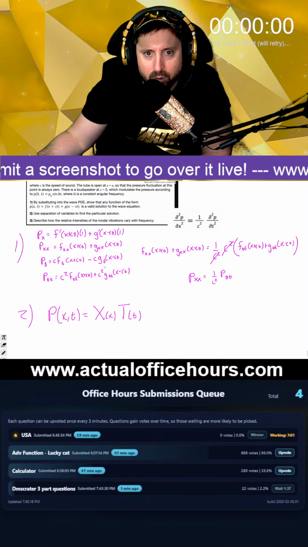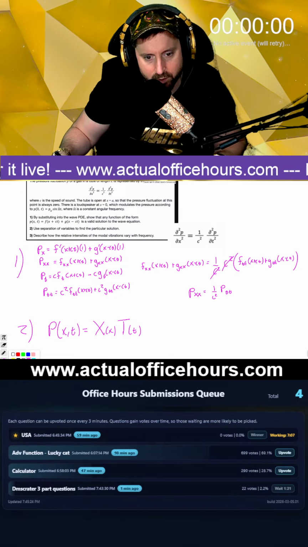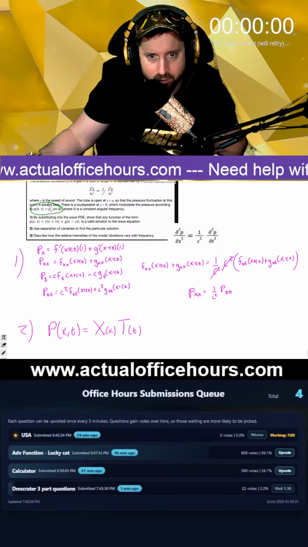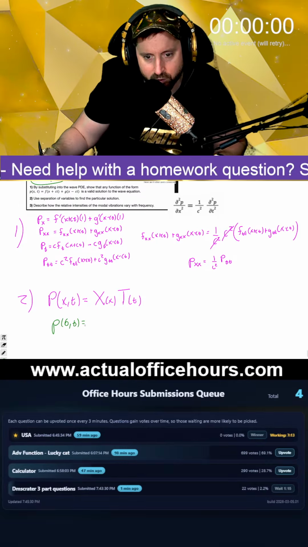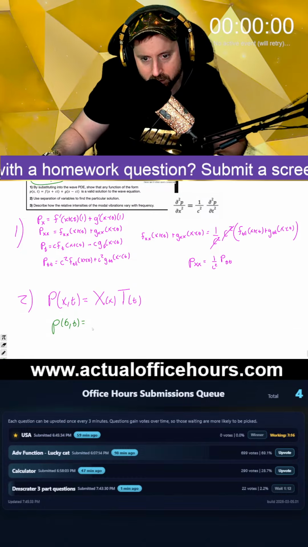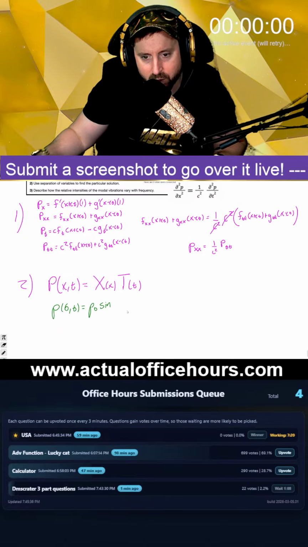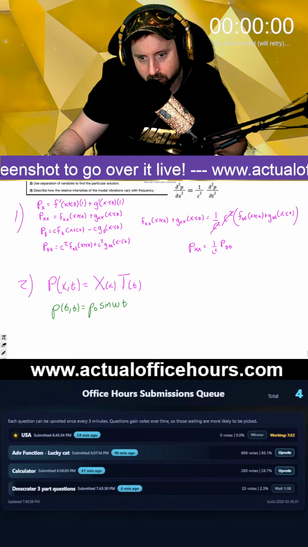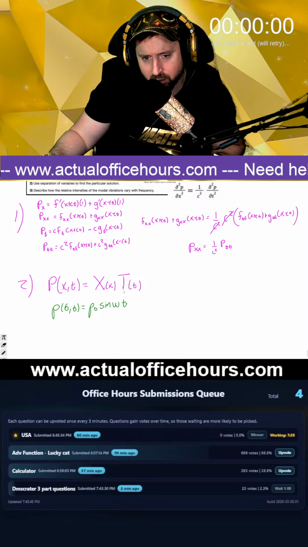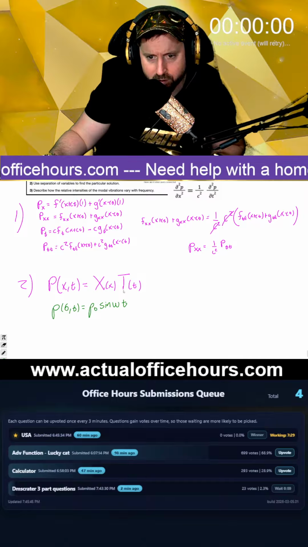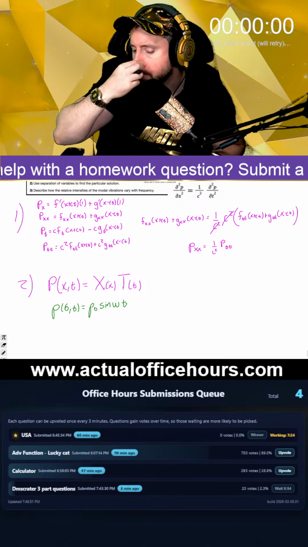Let's highlight that. So p of 0 comma t, because that's where the source is, is equal to p naught sine of omega t. I'm going to use the lowercase omega. So that tells me that this is equal to 1, maybe?